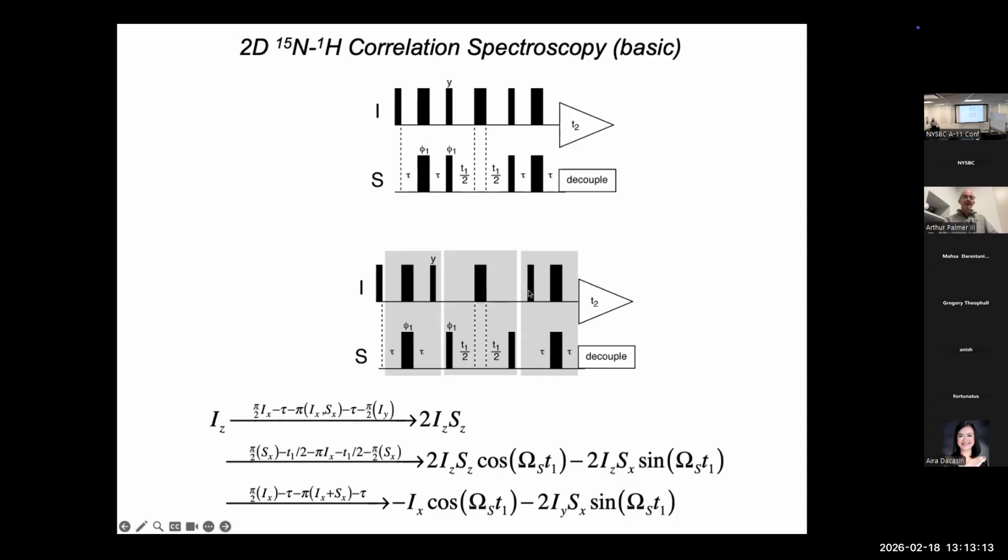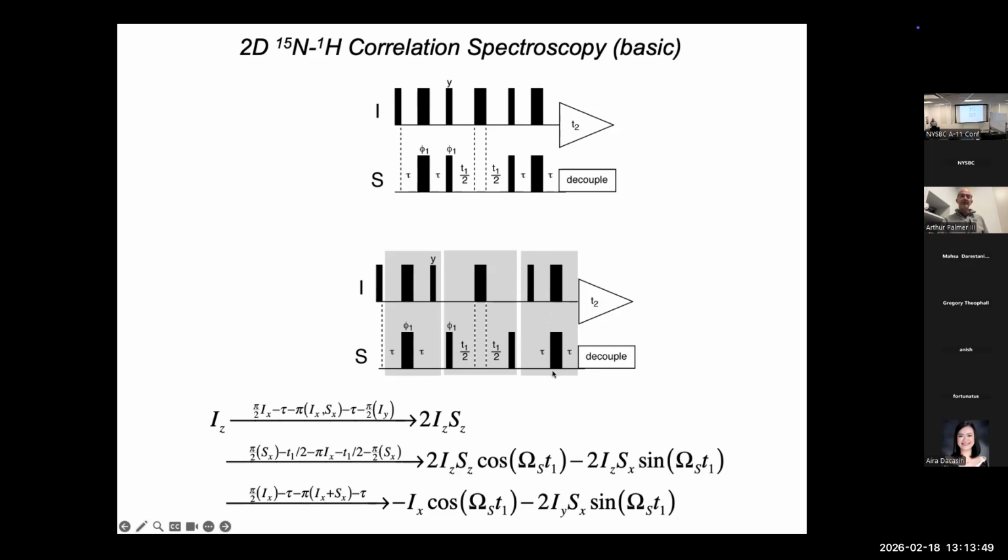And now we apply an X pulse on the I spin, and then we have another period, tau, a pair of 180 tau. What happens to the chemical shift of the I spin? Go again. It's another echo. So the chemical shift of the I spin is refocused.